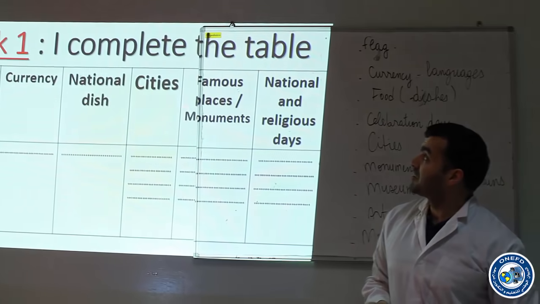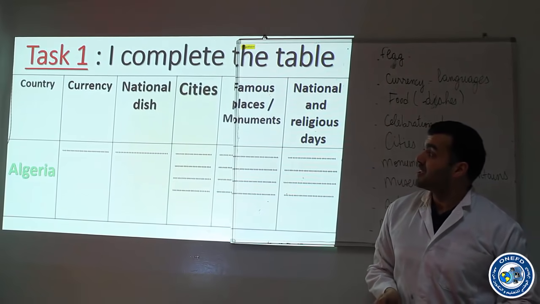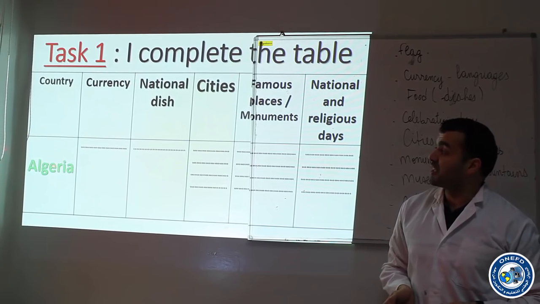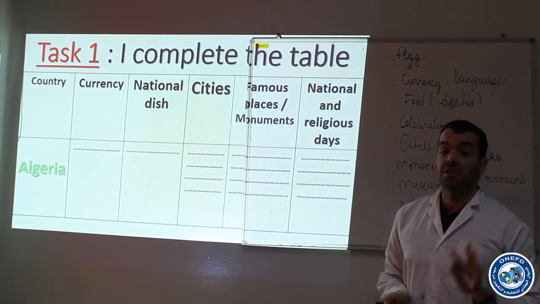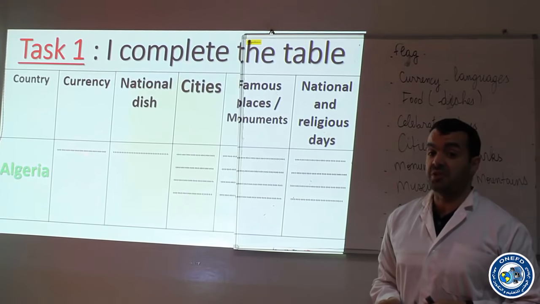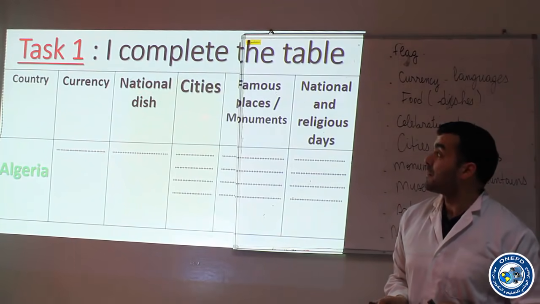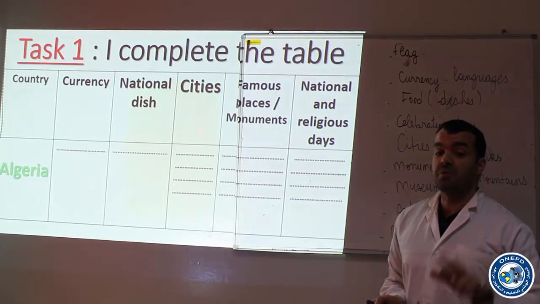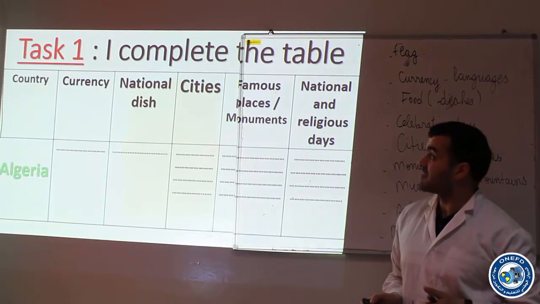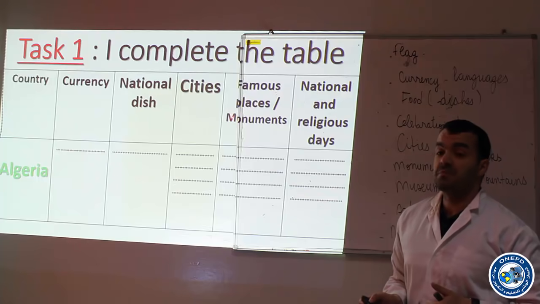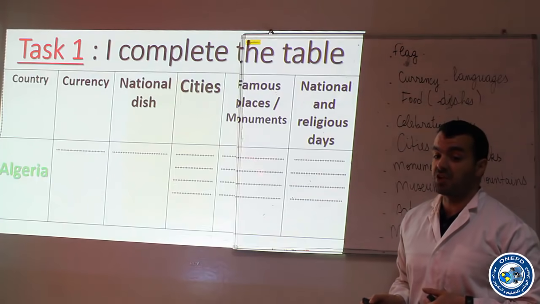Task 1, complete the table. You have here country, Algeria, currency. What is the currency of Algeria? What is our national dish? Try to mention 3 famous cities. What are the most famous places and monuments?